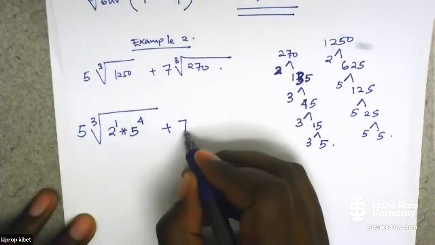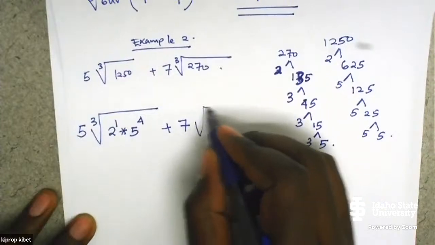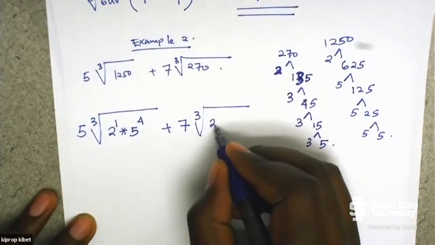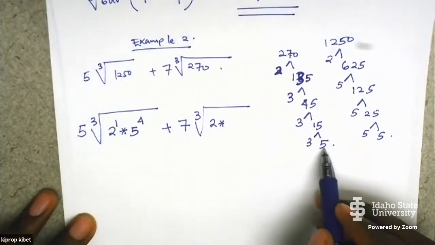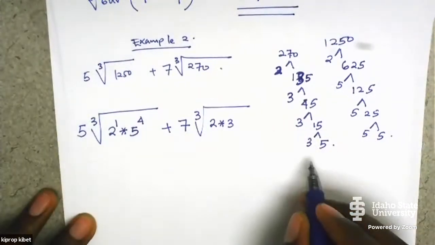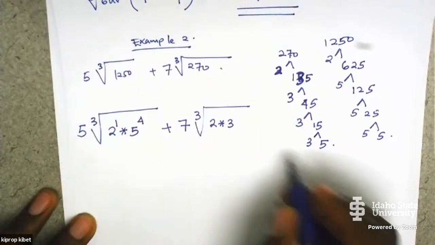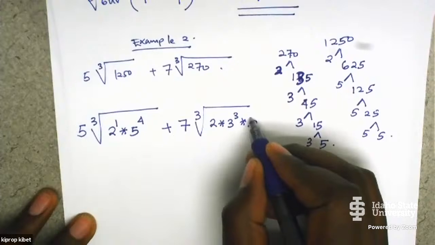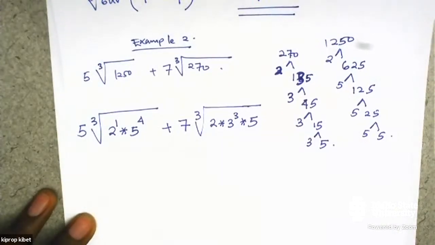Plus 7, the cube root of 270, we have to multiply by what? How many 3s are here? 3. How many 5s are here? 1.